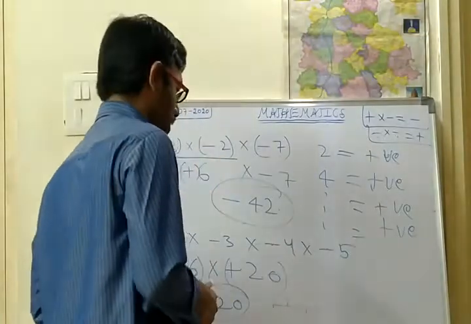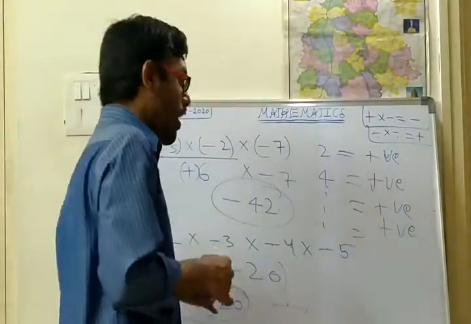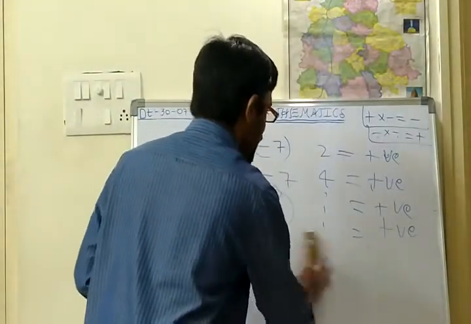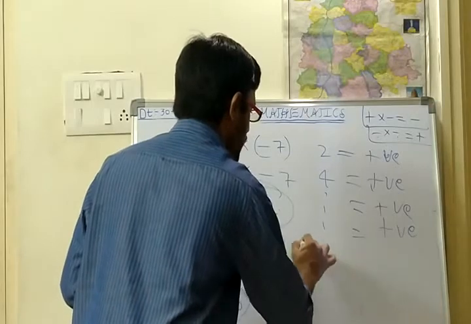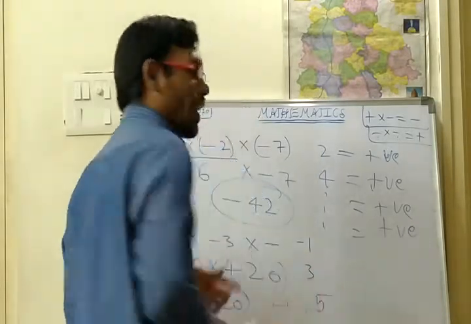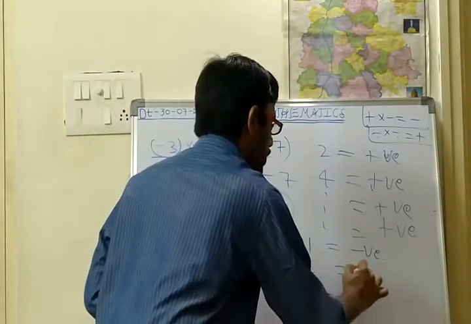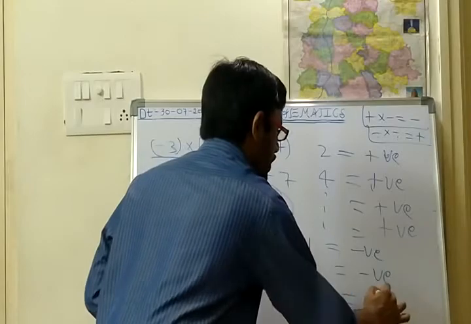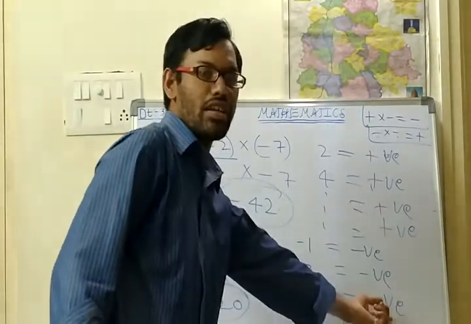Suppose the number of integers is odd, like one integer, next 3 integers, 5 integers. At that time what will happen? The result will be negative. If 5 integers are there, the final result will be negative.